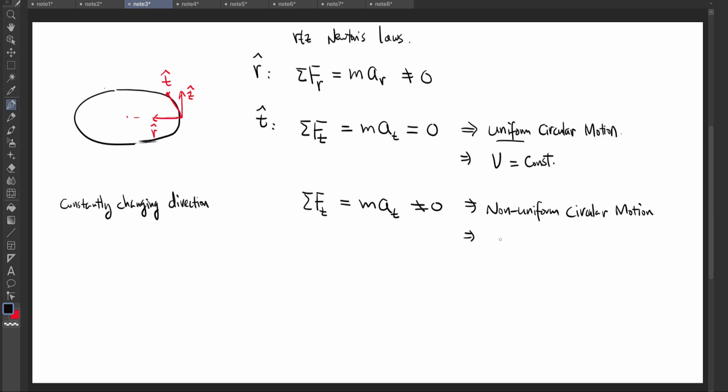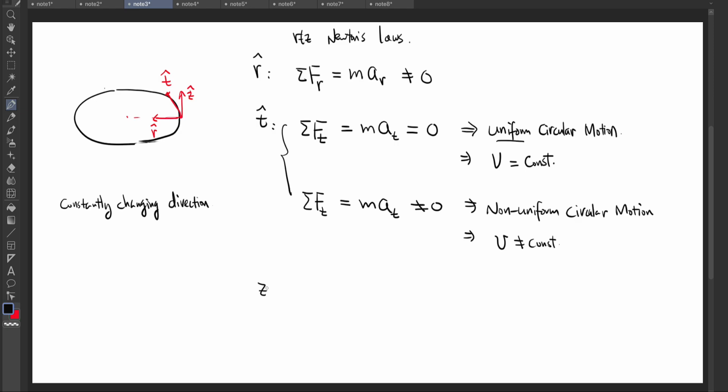And in that case, the speed is not a constant. The speed can change during the circular motion. So again, the tangential direction defines the uniform or non-uniform circular motion.